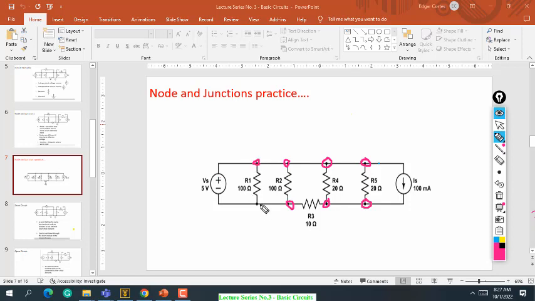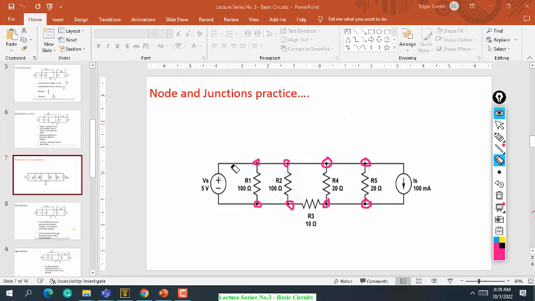Like on the road, think of a corner or a crossing. This can be a corner in that analogy, but we cannot consider this a junction because it is just one road. So basically a junction is where wires meet, more than two.